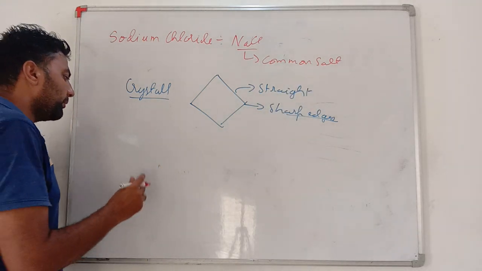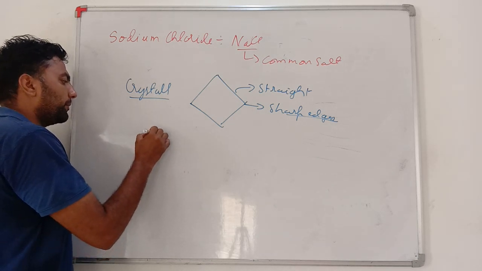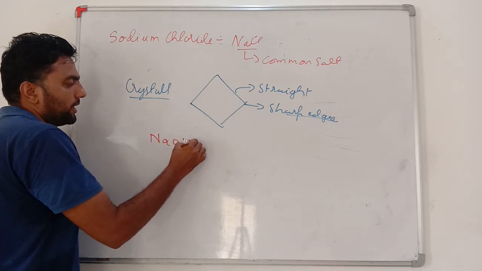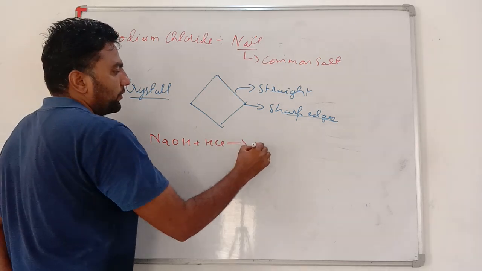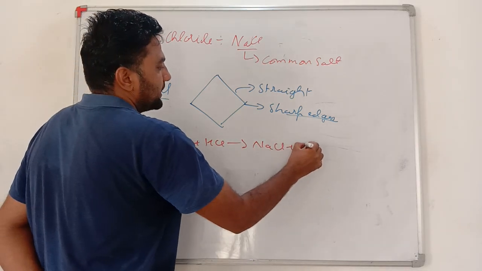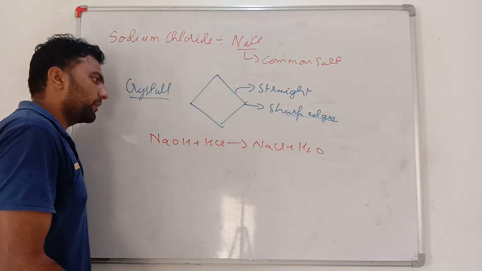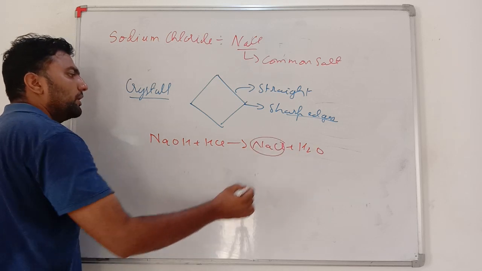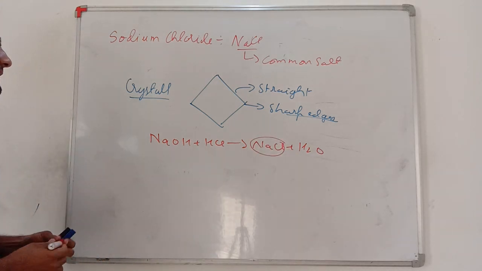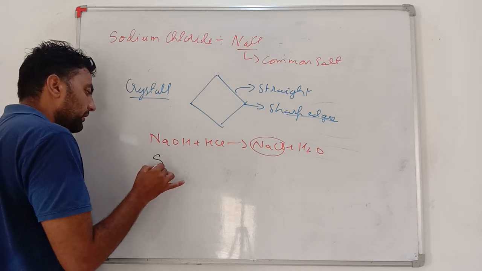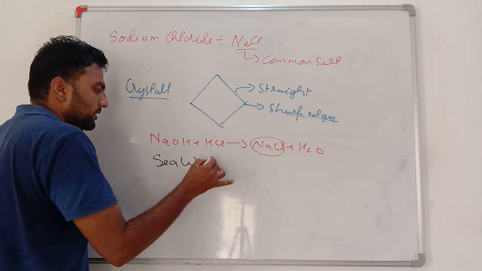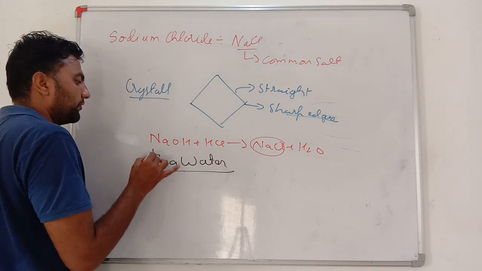Very important. In the laboratory you can prepare it by sodium hydroxide plus hydrochloric acid giving NaCl plus H2O. So this is common salt. Moreover, mostly you get this salt from the sea. The sea is a source of many salts, but NaCl we get from the sea.